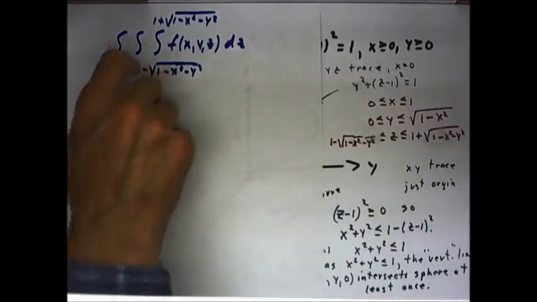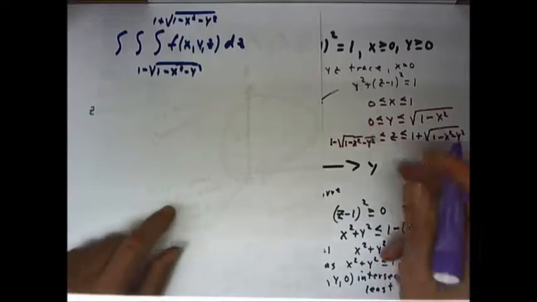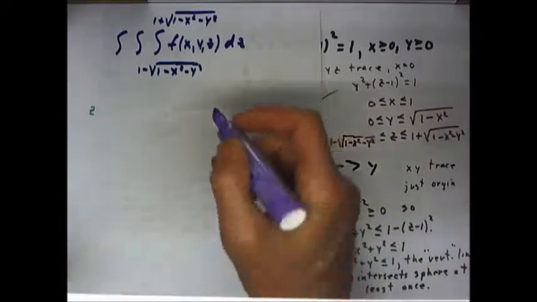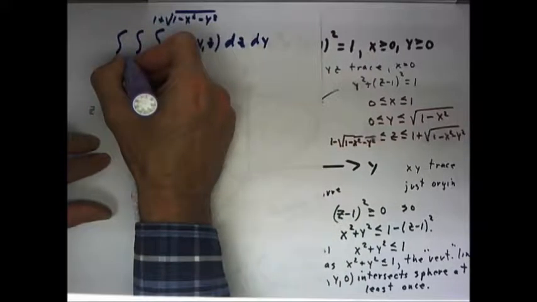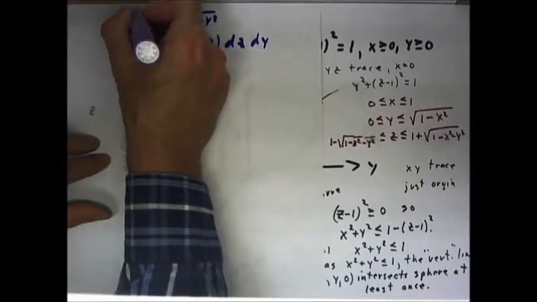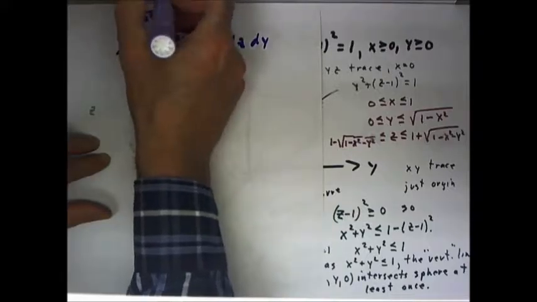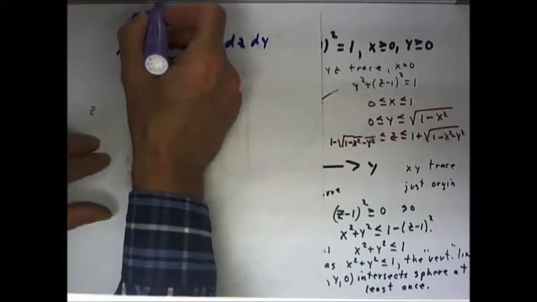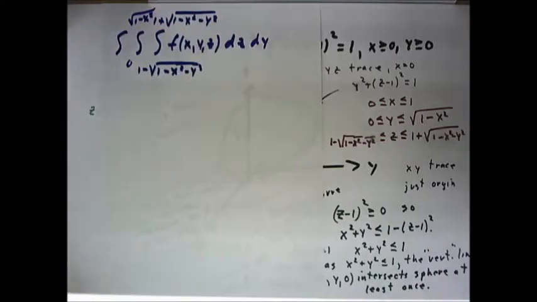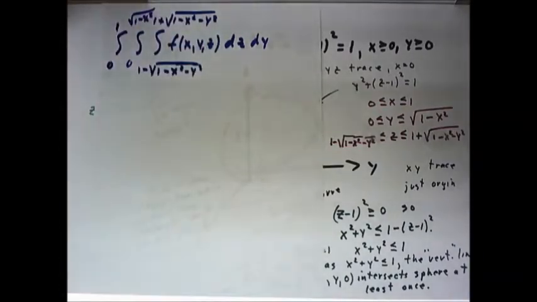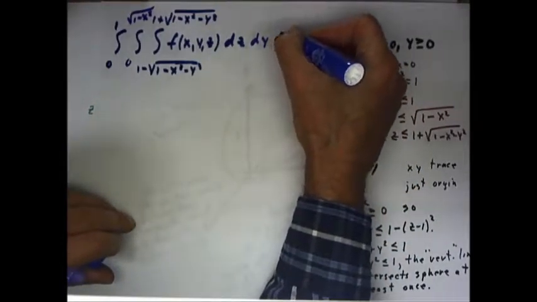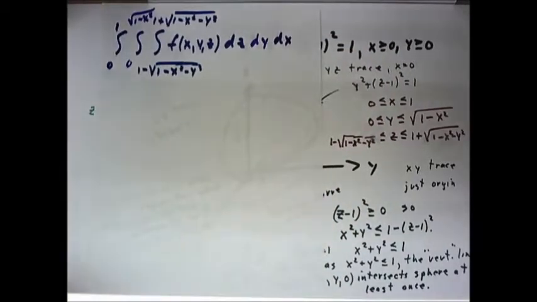Now I'm going to switch colors so we can keep track of what's what here. And then we integrate y from 0 to the square root of 1 minus x squared. And finally, we integrate x just from 0 to 1. And that's our integral.